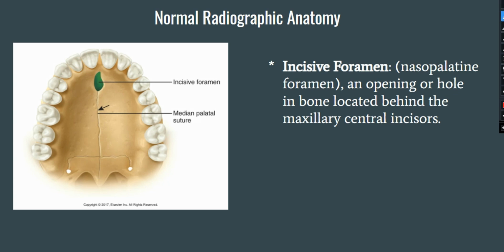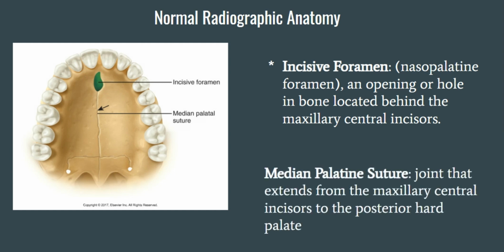So this is the actual bone here, and you can see this is the incisive foramen. And then we also have the median palatine suture, which is a joint. A suture is a joint that extends from the maxillary central incisors to the posterior hard palate. So that suture is going to extend from the incisors all the way back to the hard palate.